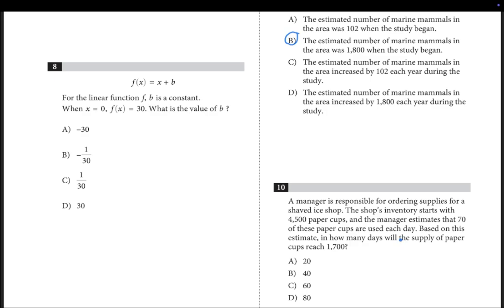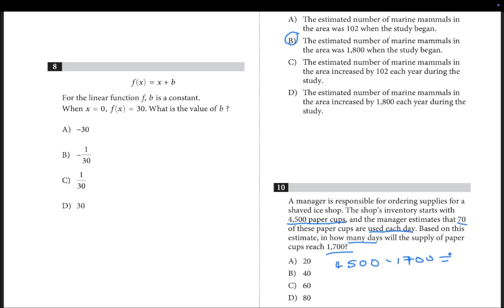Number 10 states a manager is responsible for ordering supplies for a shaved ice shop. The shop's inventory starts with 4,500 paper cups, and the manager estimates that 70 of these paper cups are used each day. Based on this estimate, after how many days will the supply of paper cups reach 1,700? So we start with 4,500 paper cups and end up with 1,700. To find the difference, which means how many paper cups are used, we're going to subtract 1,700 from 4,500.